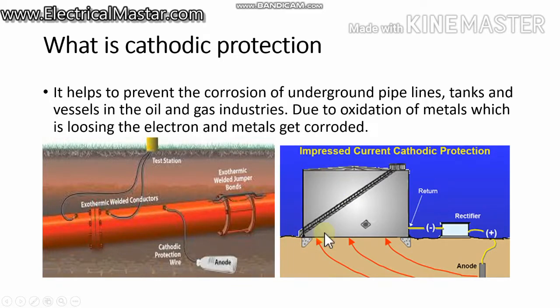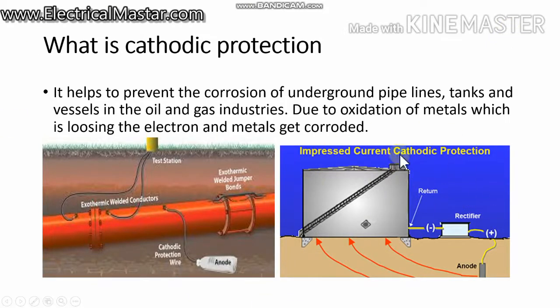Similarly, consider a diesel tank or gas tank or any oil tank. If we continuously keep water inside this tank, due to oxidation the tank has a chance to get corroded and it will leak the oil or gas. So how can we avoid this corrosion?